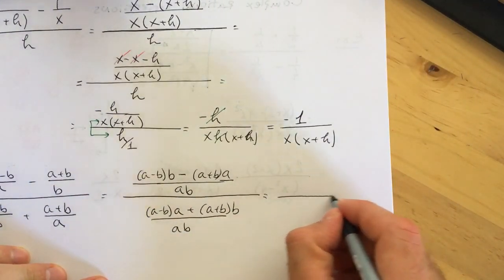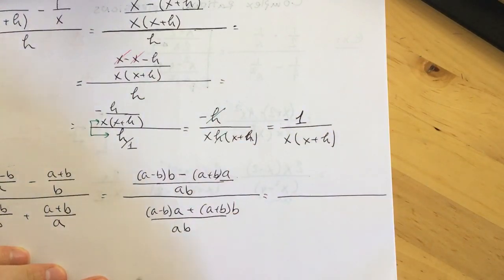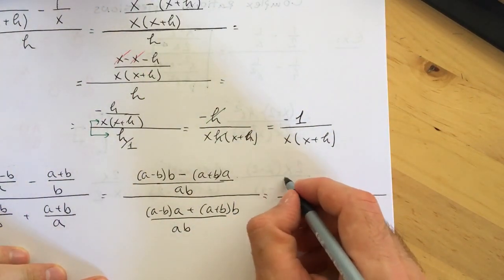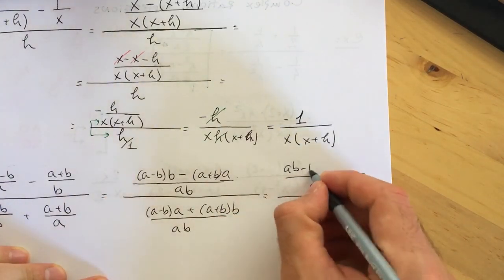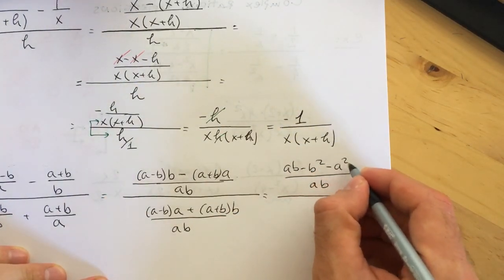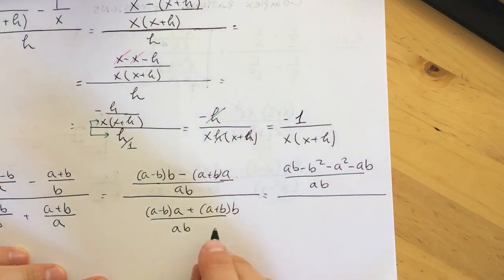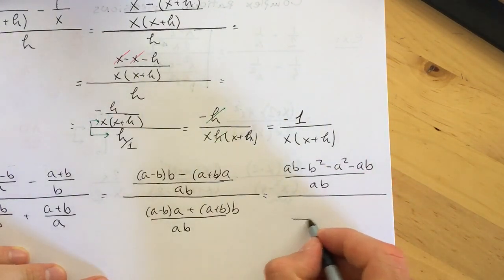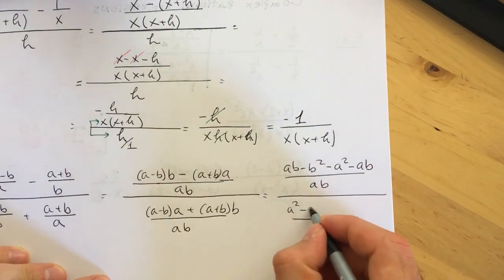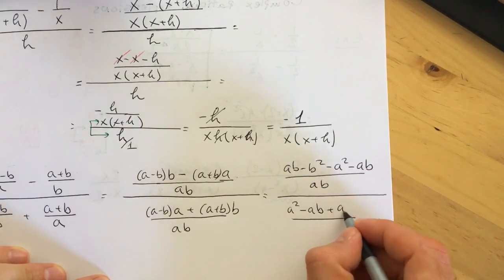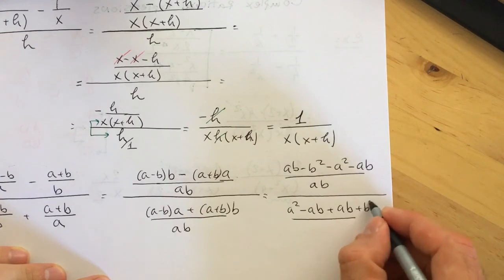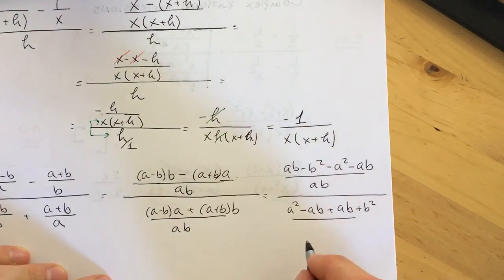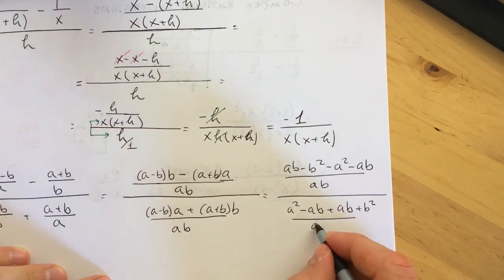Now this is going to be equal to ab minus b squared minus a squared minus ab over ab, over a squared minus ab plus ab plus b squared over ab.